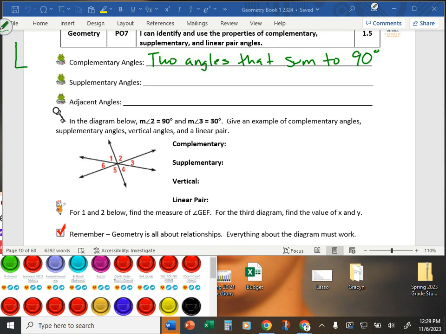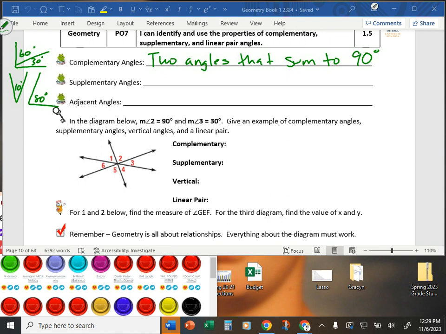You can have complementary angles like this, where you've got 60 degrees and 30 degrees here. Or they can be separated. You can have a 10-degree angle here and an 80-degree angle here. They are still considered complementary angles. They can be adjacent. They don't have to be. They can be congruent if they're both 45. But they are two angles that sum to 90.